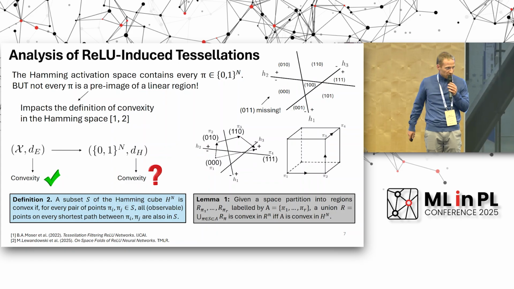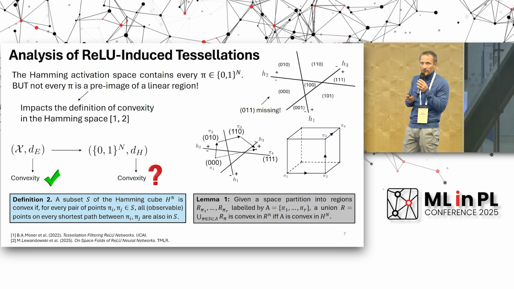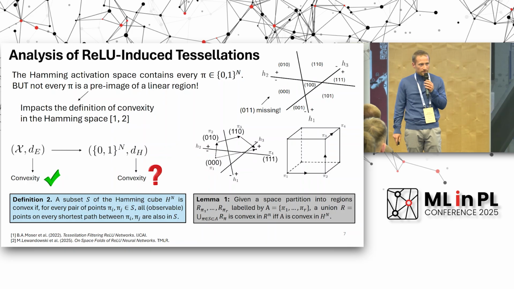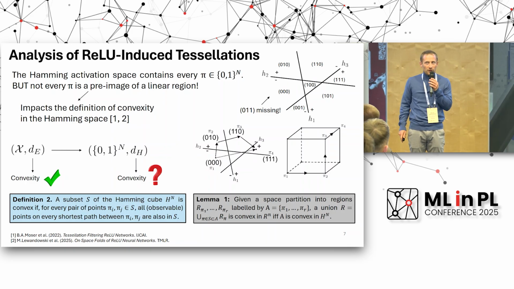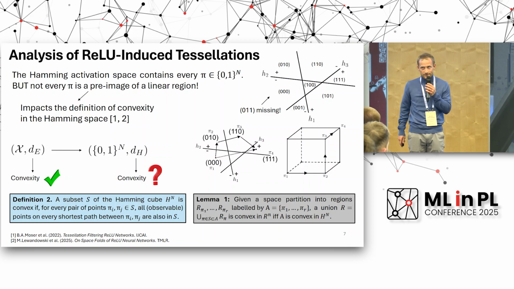Which leads me to the definition of convexity in the Hamming activation space. We say that a subset S of the Hamming cube is convex if for every pair of points, which are our activation patterns, all observable points on every shortest path between the two selected activation patterns are also in that subset.